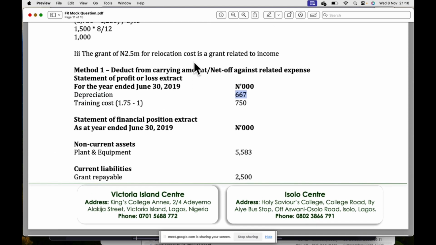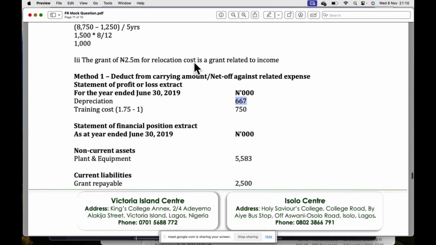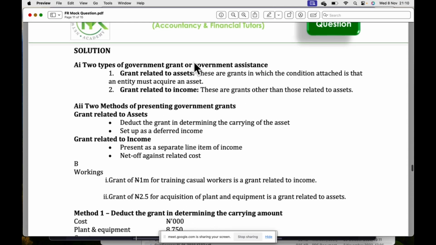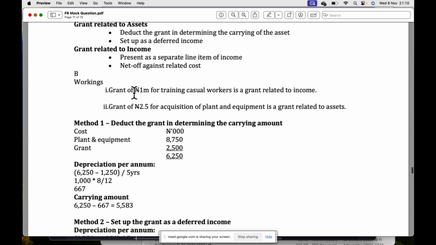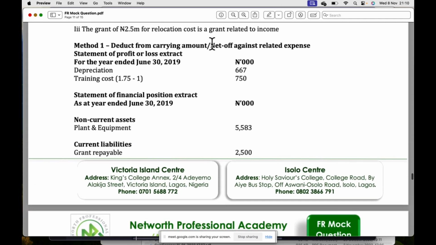Then another item that will affect P&L is the first grant here of 1 million. So I'm netting it off against related expense. So that means that training costs will now be 1.75 million minus 1 million. So it will remain 750,000. And that's what I present in my P&L.